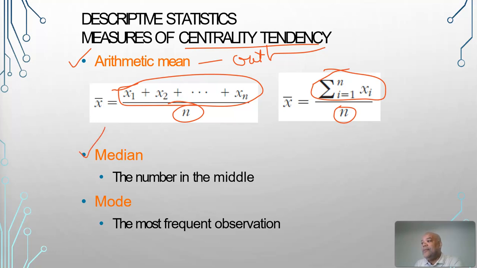The median is the middle value when data is arranged in order, making it a better measure of central tendency when you deal with skewed data. And lastly, the mode is the most frequent observation in the data set.